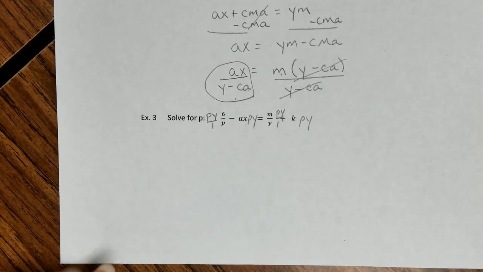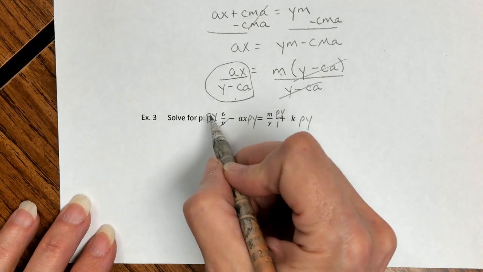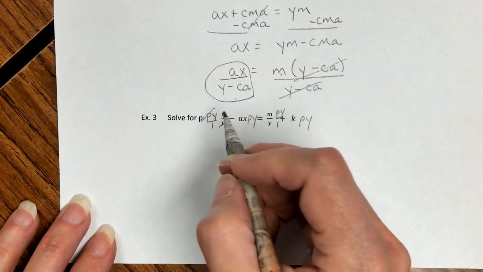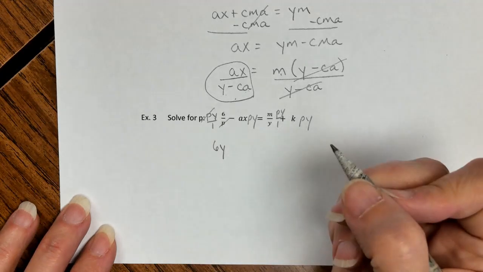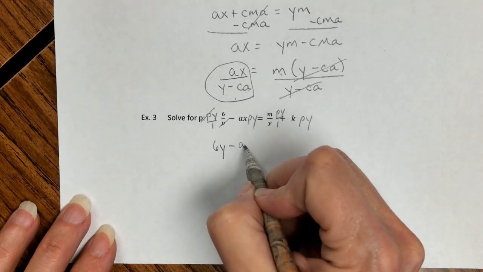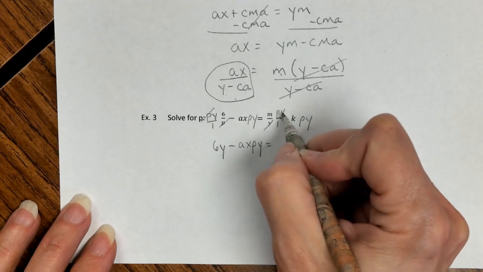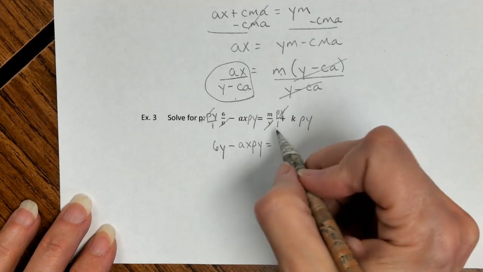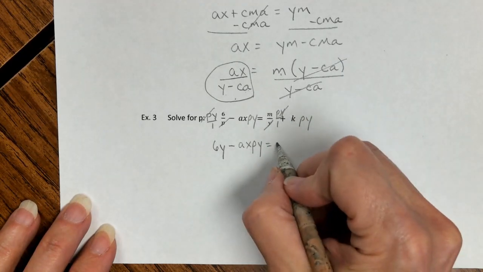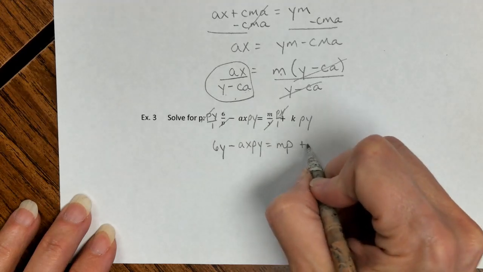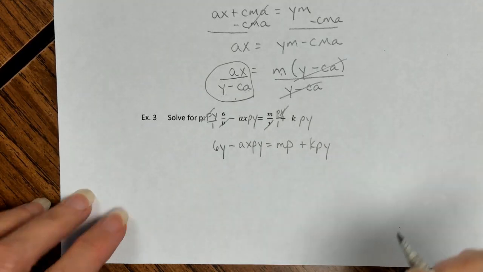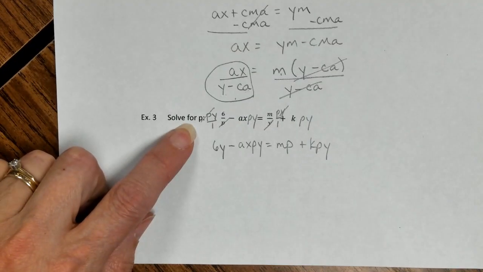Okay, so the p's cancel here. This is 6y minus axpy equals, the y's cancel, so then we have mp plus kpy, and we're solving for p.